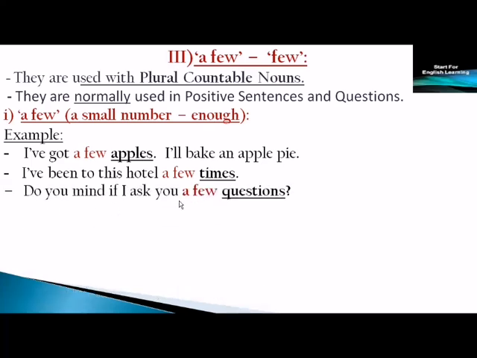Do you mind if I ask you a few questions? So we use a few here, meaning a small number of, but enough. And we use a few in positive sentences and questions.